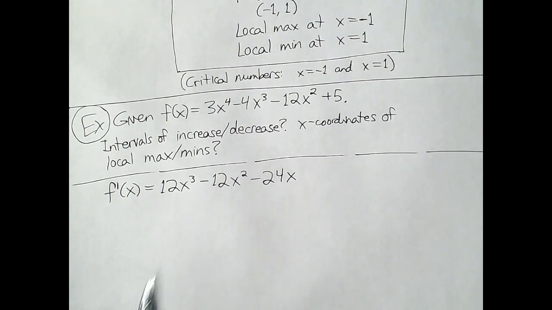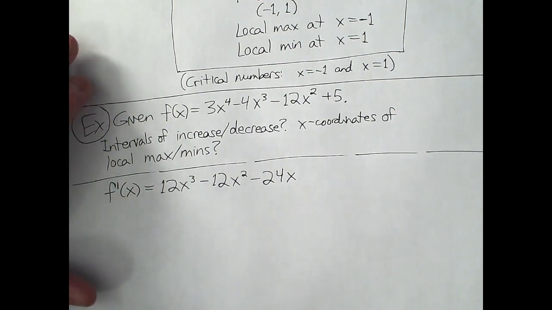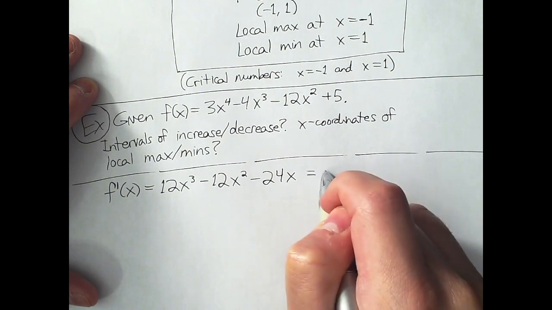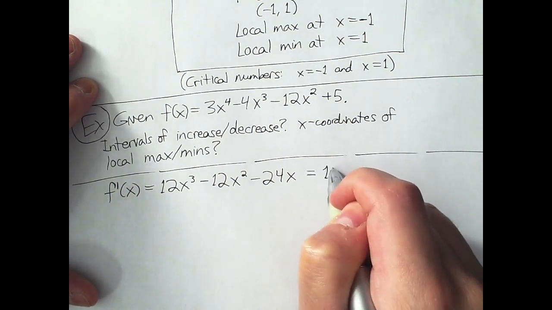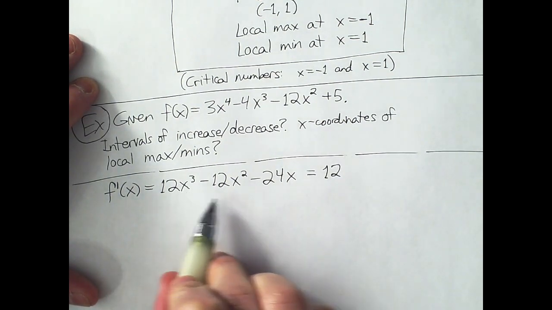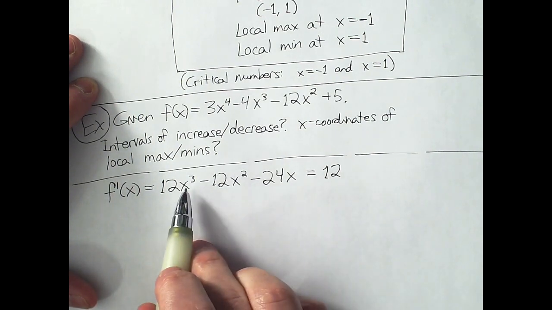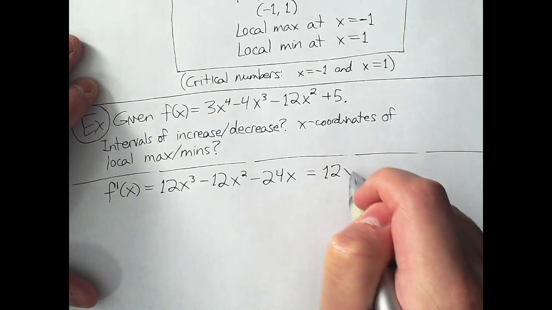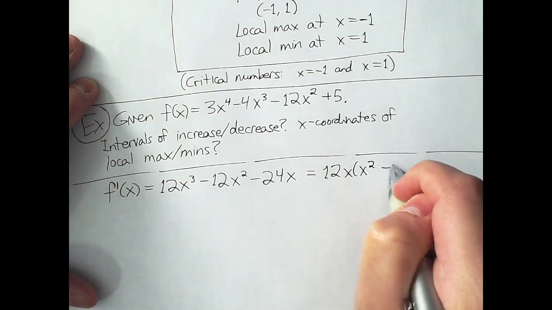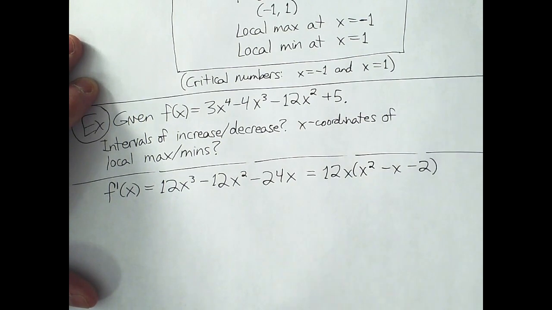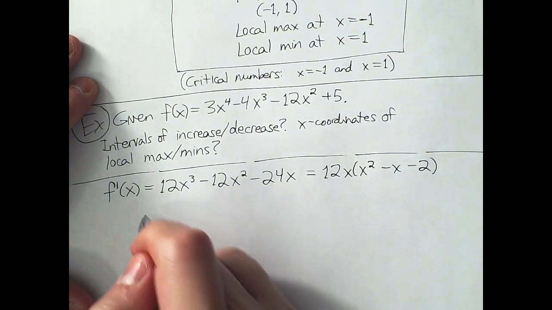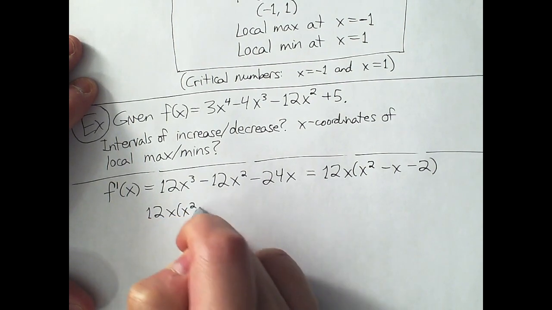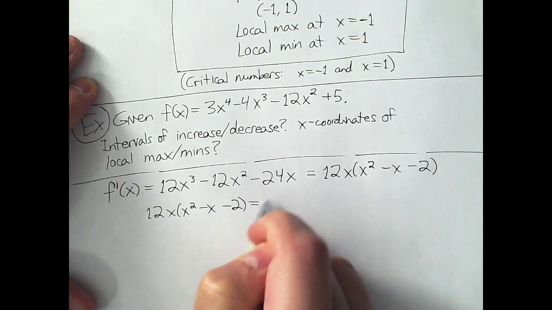So we need to find where this is 0. Maybe it would help if we factor out a 12. Not only factoring out a 12, but we could factor out a 12x. Let's factor out 12x. Okay. Let's set this equal to 0 and try to solve.